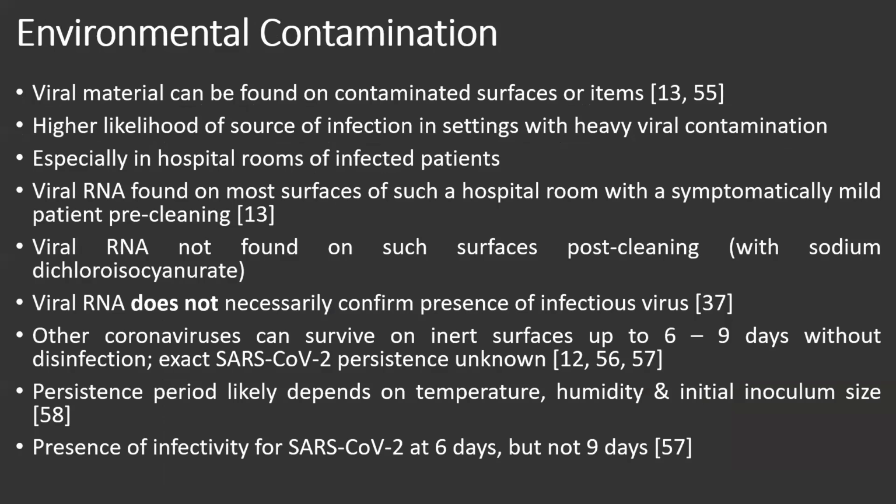So the rate of occurrence and relative significance of this type of transmission to date remains unclear, and there's a higher likelihood of it being a possible source of infection in settings where there already exists heavy viral contamination, such as in households containing the infected or in hospitals and other healthcare areas.